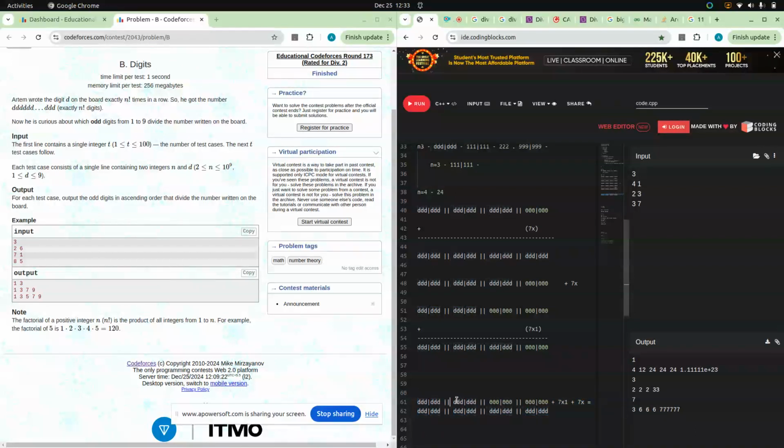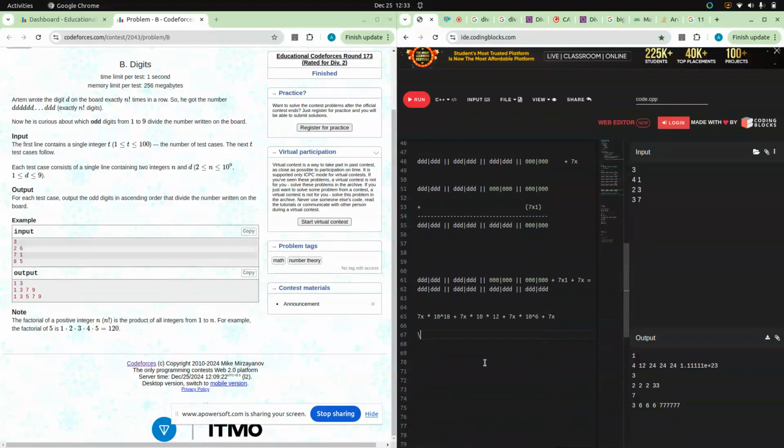What I'm trying to say is that this DDD is just nothing but 7x. So what if I replace every DDD by 7x? 7x into 10 की power 18. This is 6 into 3 times into 10 की power 18 plus 7x into 10 की power 12 plus 7x into 10 की power 6 plus 7x.